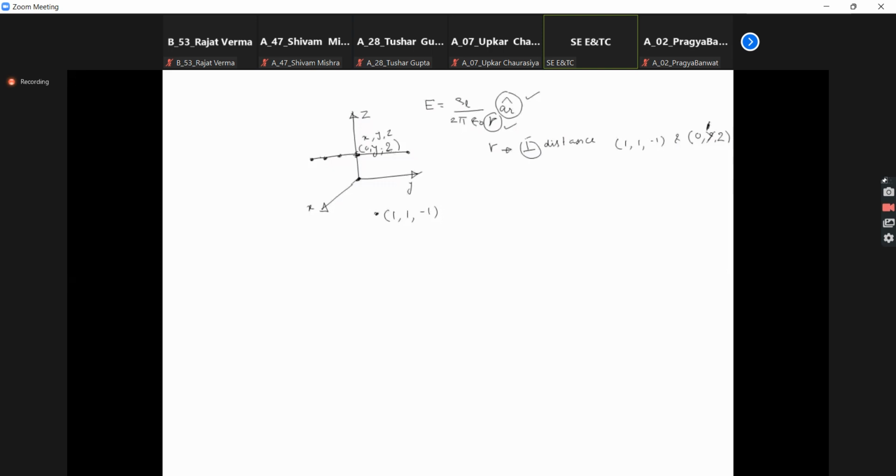Okay. So first understand this. This 2 is very important. This is what? The destination point where you're asked to find out the field intensity. And this is the coordinate of the line charge. So line charge is distributed along a line only, and the coordinate of the line is what? 0, y, 2. So y ka value should be 1.